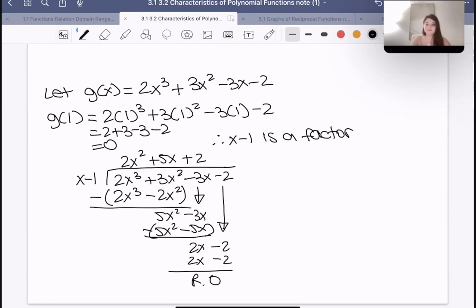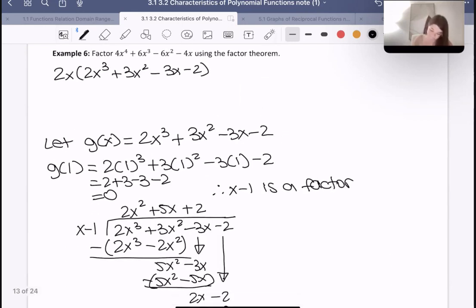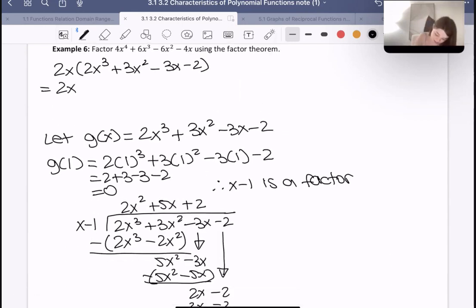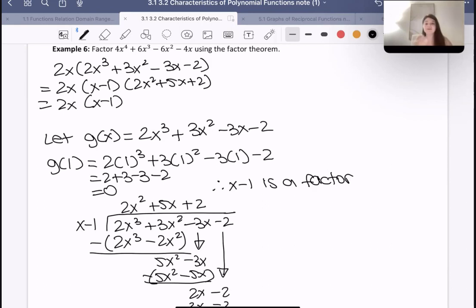So therefore, we can do the next step of the factoring and say this is the same as x minus 1 times 2x squared plus 5x plus 2. And now we're just left with a quadratic, so we need to decide, can we factor this quadratic down further or can we not? And in this case, yes, we can, I believe.